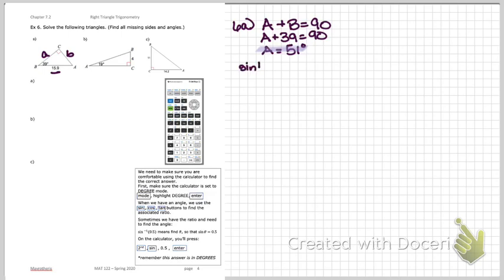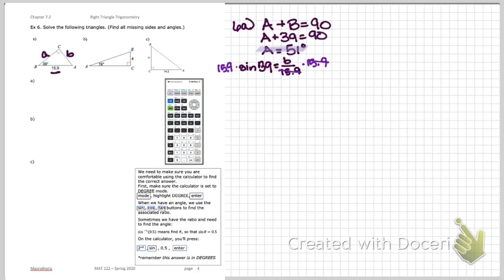The sine of angle B, which is 39 degrees, is going to be the length of the opposite side over the length of the hypotenuse. That's doable. I am going to multiply both sides by 15.9. So I eliminate it down here.